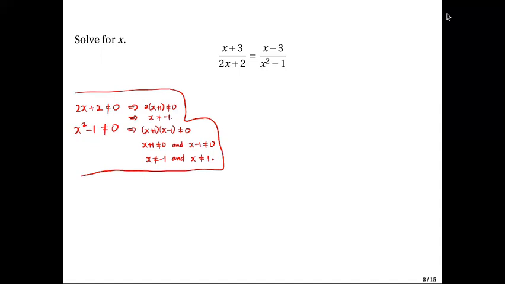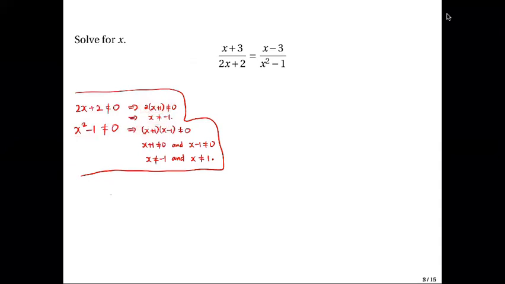So for the solution that I will show you, what we're going to do is to multiply by the LCD. For the LCD, you can just look at the denominators again. You have 2 times x plus 1 as the factors of the first, and for the second the factors are x plus 1 times x minus 1.